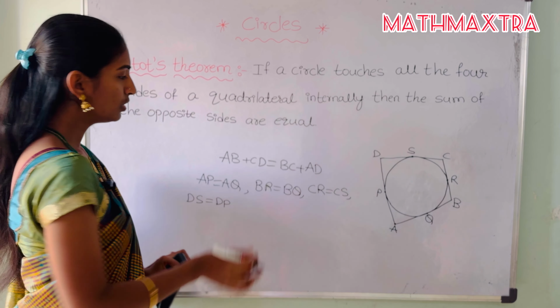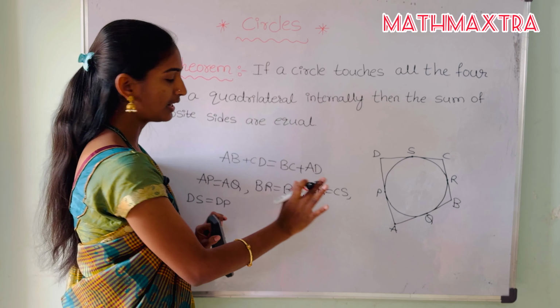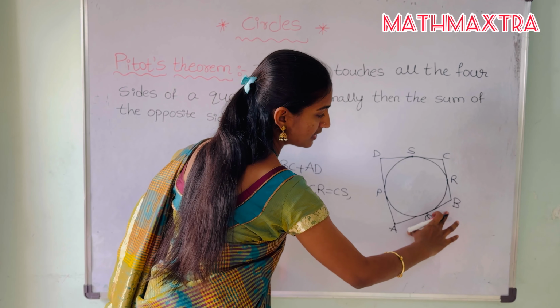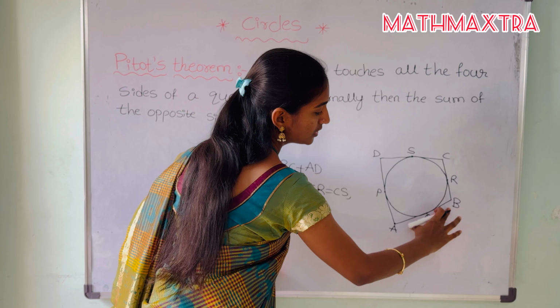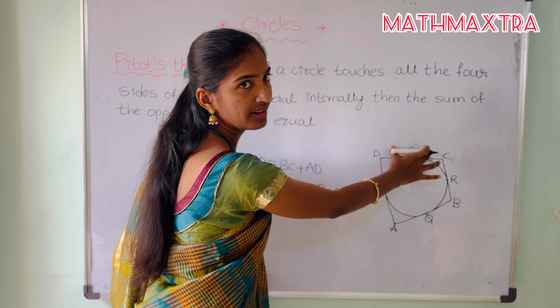Now, what we have to prove is that AB plus CD is equal to BC plus AD. So I am writing AB plus CD. What is AB here? AB is nothing but AQ plus QB. And CD is nothing but CS plus DS.